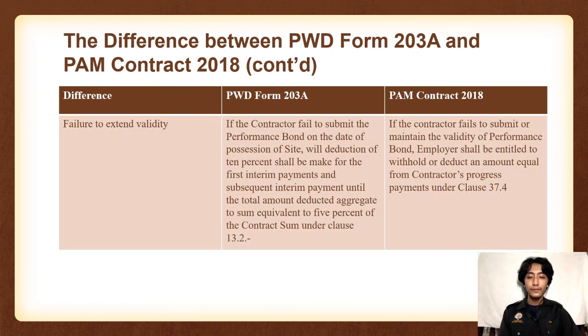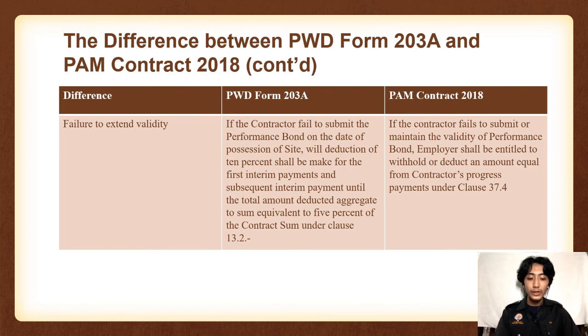Next point is failure to extend validity. In PWD Form 203A, if the contractor fails to submit the performance bond on the date of possession of site, a deduction of 10% shall be made from the first interim payment and subsequent interim payments until the total amount deducted aggregates to a sum equivalent to 5% of the contract sum under clause 13.2.